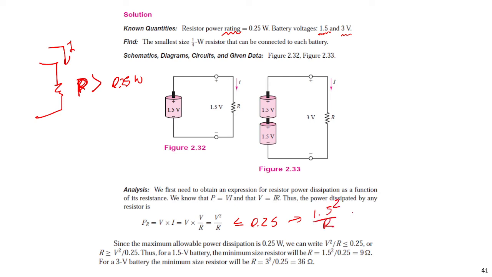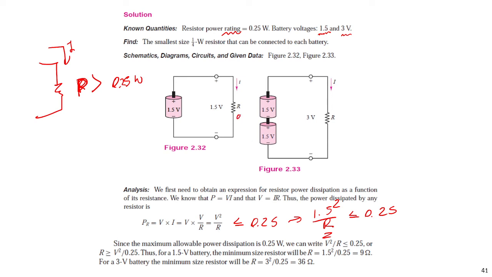So we can compute the resistance value. The minimum resistance must be 9 ohm.